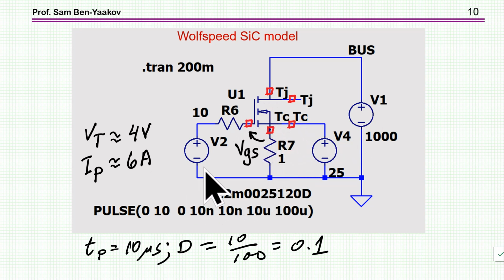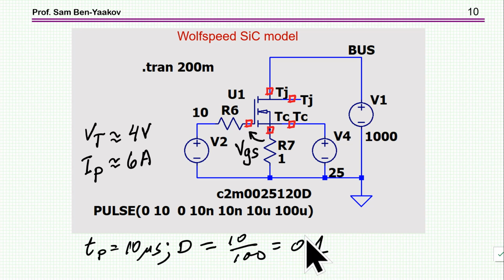So in this case, I'm feeding pulses of 10 volt to the gate, and the width of the pulse is 10 microseconds, and the period is 100 microseconds, meaning that we have a duty cycle of 10 to 100, 0.1, okay?